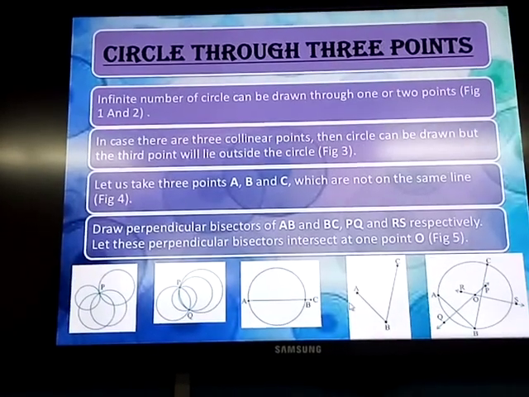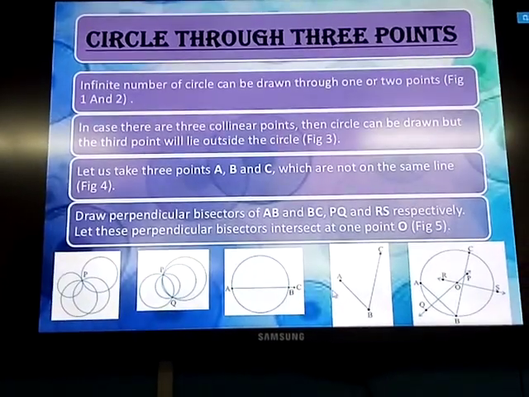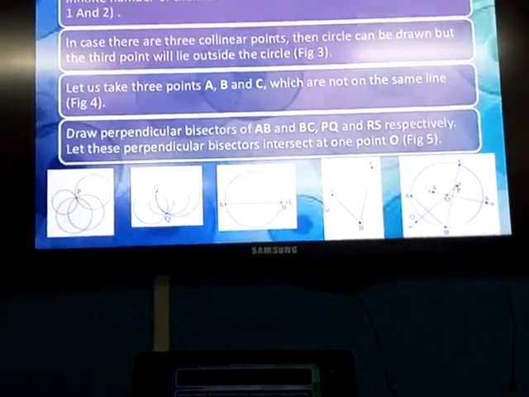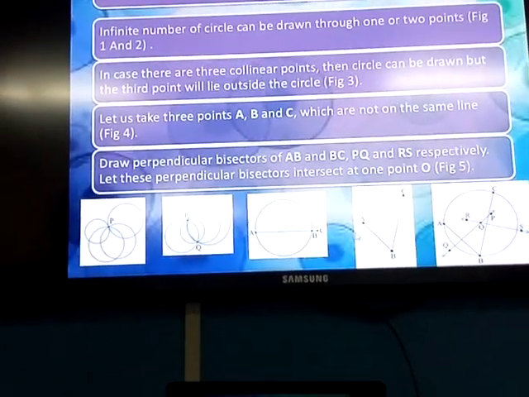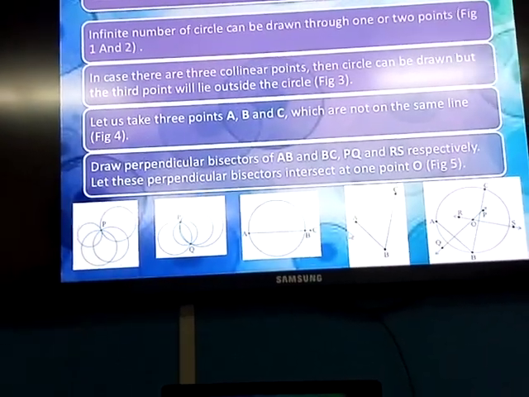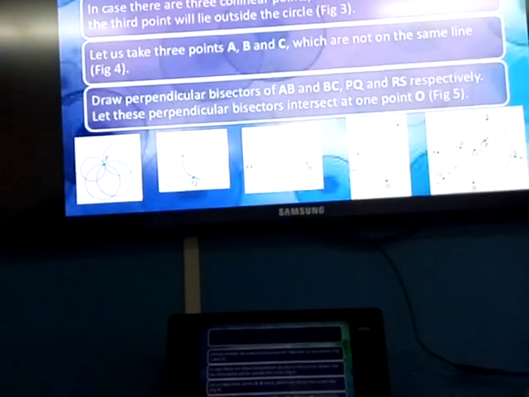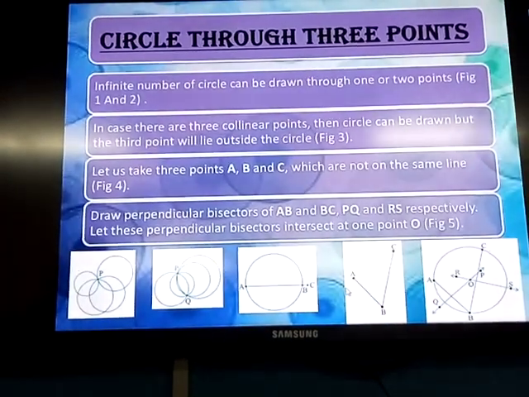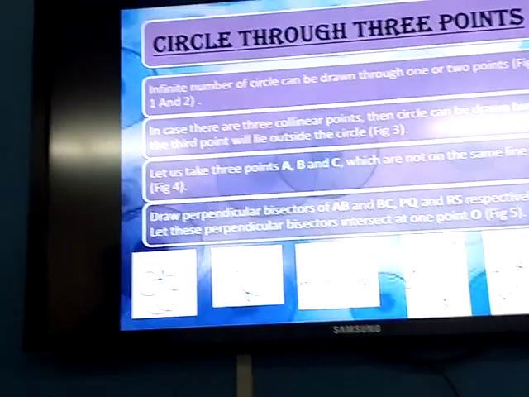Infinite number of circles can be drawn through one or 2 points. In case there are 3 collinear points, a circle can be drawn, but the third point will lie outside the circle. Let us take 3 points A, B, C which are not on the same line. Here it is clear that we can draw a circle with 3 points, but the condition is that the 3 points are not on the same line, because a line meets a circle in only 2 points.